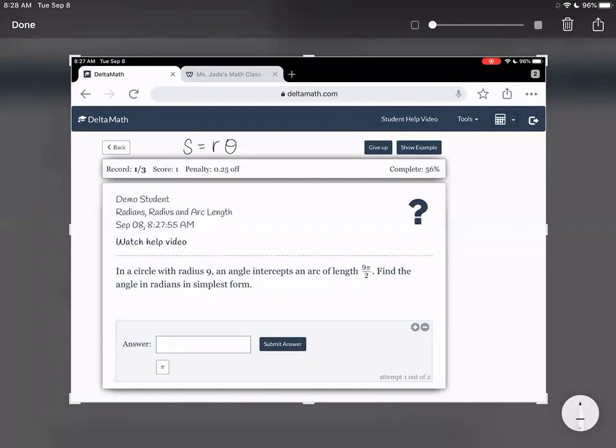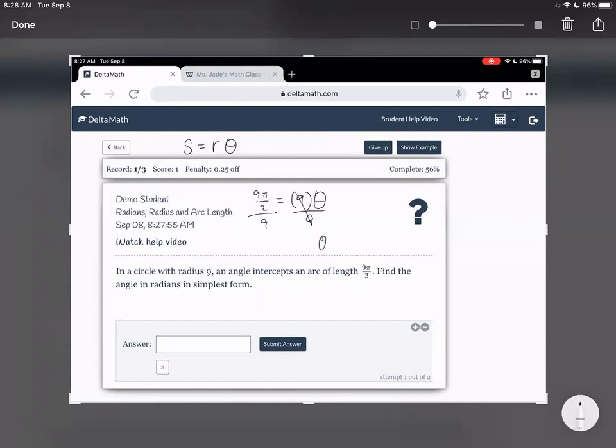Let's plug it in. 9 pi over 2 is our arc length, is equal to our radius, which is 9, times theta, which is our unknown. So 9 pi over 2 is equal to 9 times theta. Then, in this case, we need to get rid of that 9, so we divide both sides by 9. Cancel out.